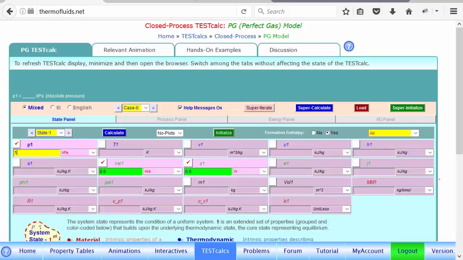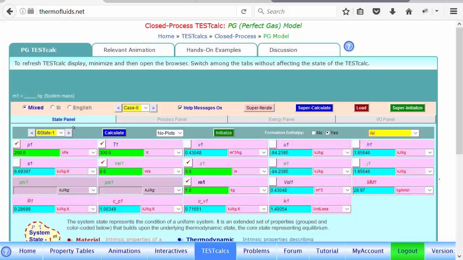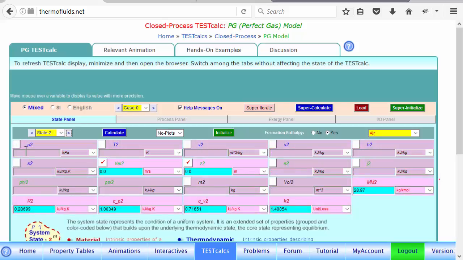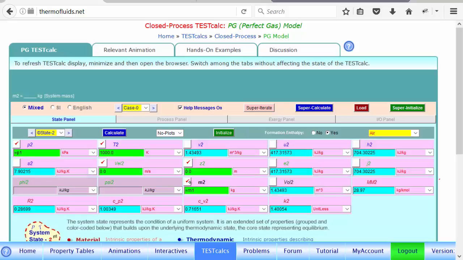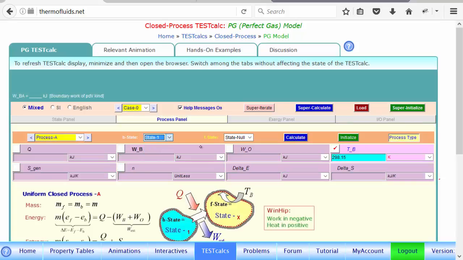So for state 1, we are given 200 kPa and 300 Kelvin. Mass was 1 kg. For state 2, pressure doesn't change, equals P1. Temperature is 1000 Kelvin. And of course, the mass doesn't change. So state 1 and state 2 are now calculated. We go to the process panel, load the states, the beginning state and final state.